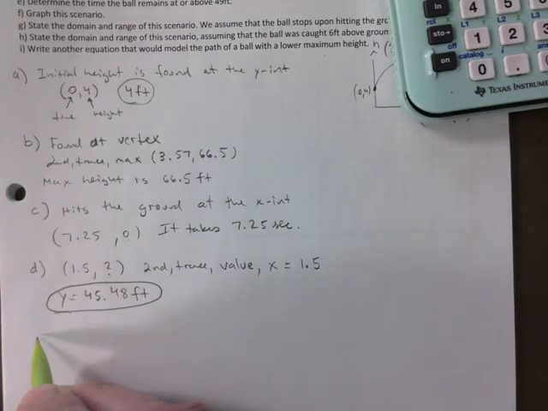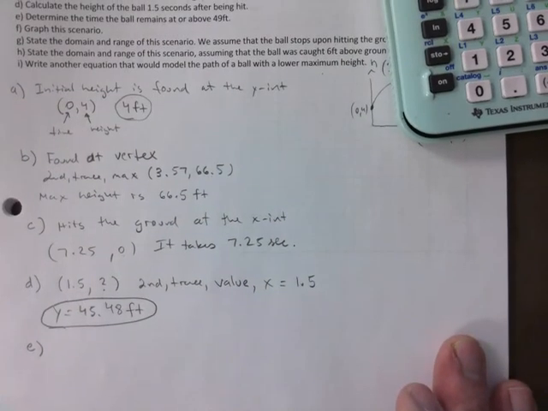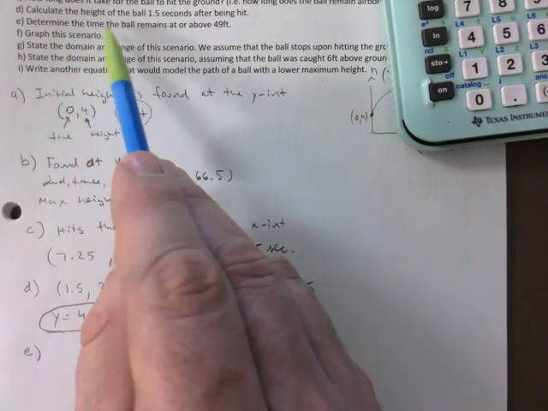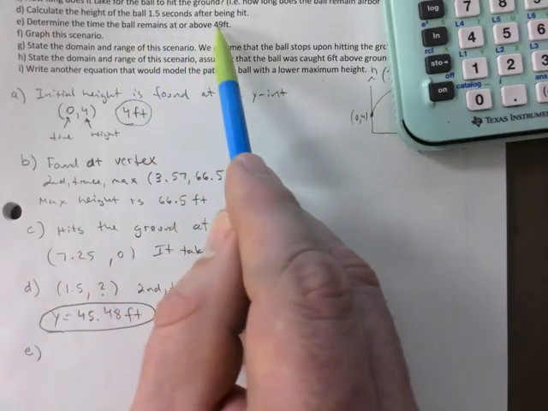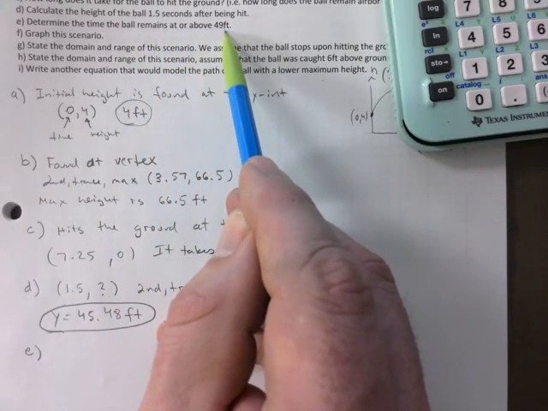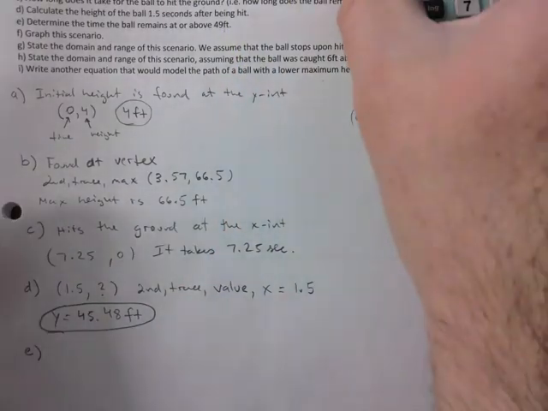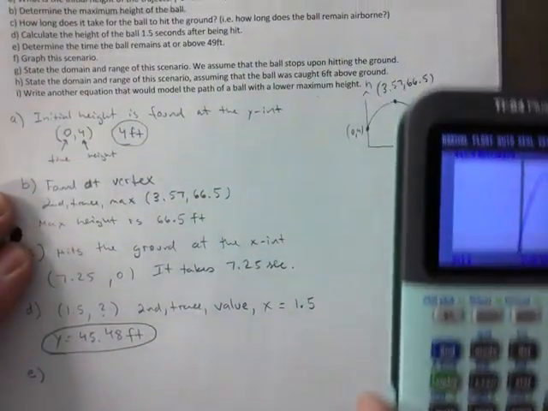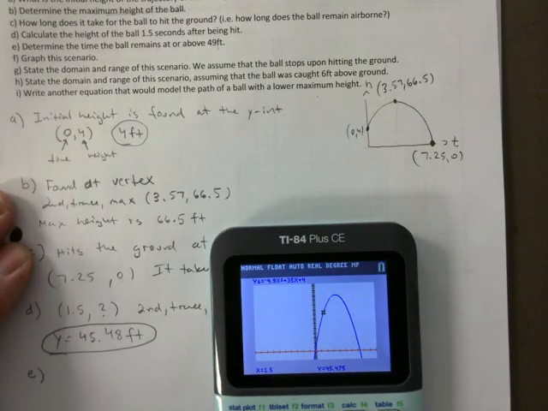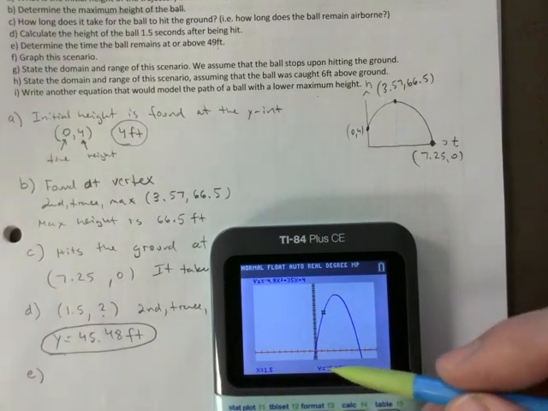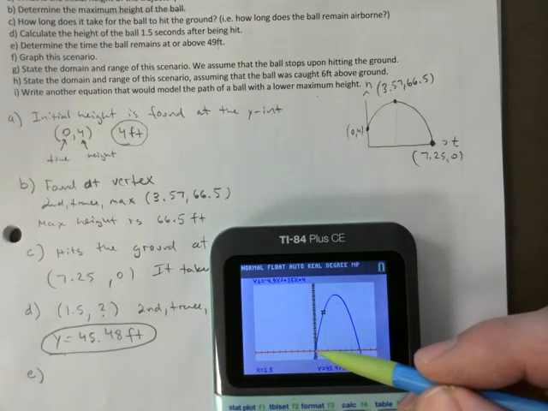E, determine the time, watch this, determine the time the ball remains at or above 49 feet. Okay. How do we do that? Look up here, we know, for example, how long the ball stays above the ground, correct?